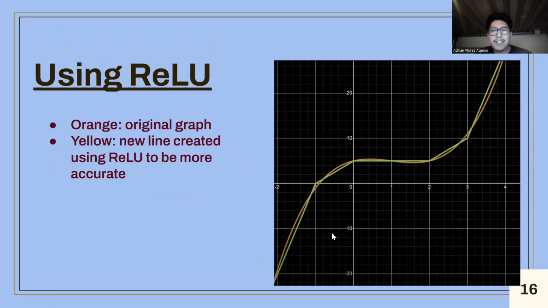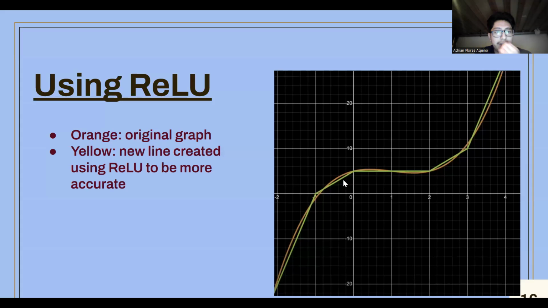As you can see, the original graph would be the orange one, which is just going straight. But like I said before, we split it into little straight lines, which is used to identify a more accurate version of it. And this forms a kind of linear approximation, which is good to remember.